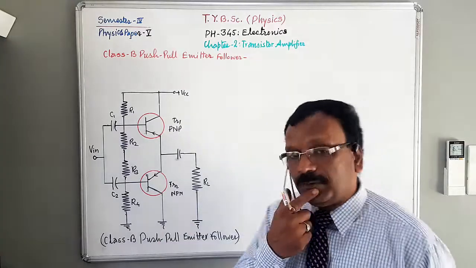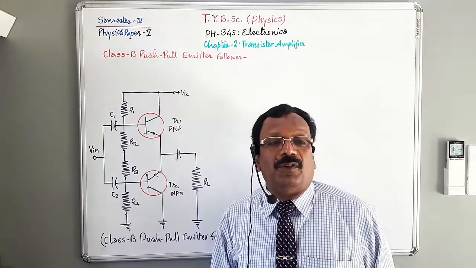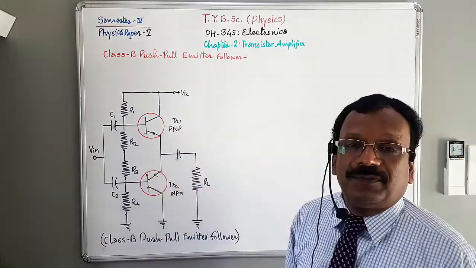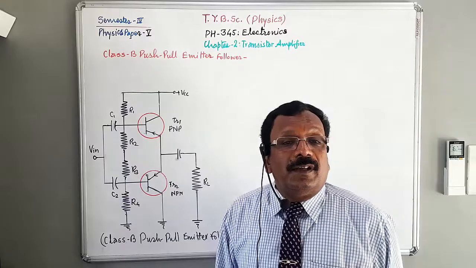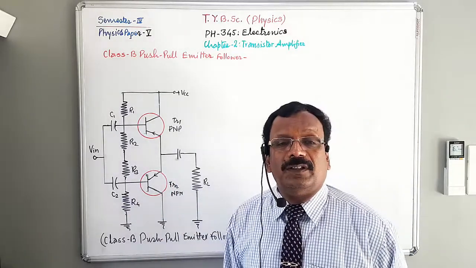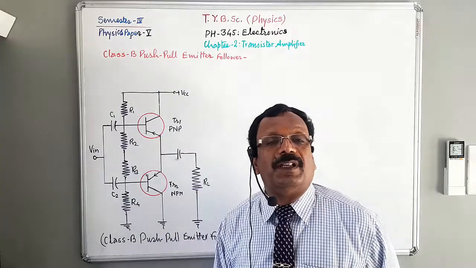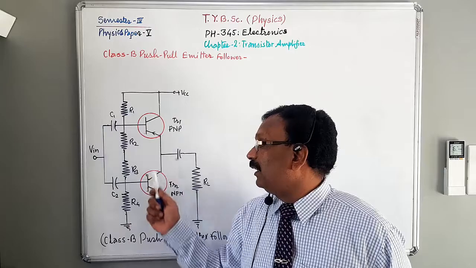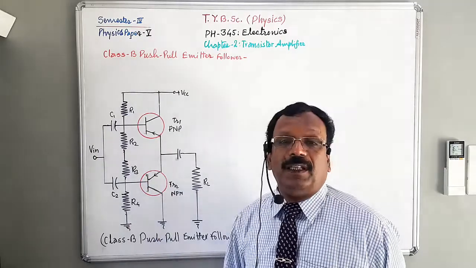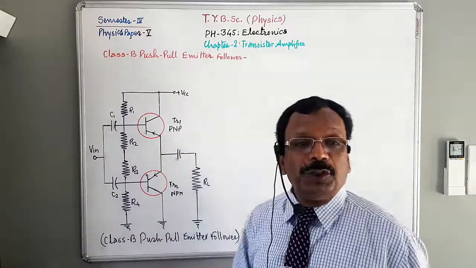Okay. Now here, what happened in the class B push pull emitter follower. In the emitter follower this is different. In this circuit, the NPN emitter follower and PNP emitter follower are connected in push pull arrangement.